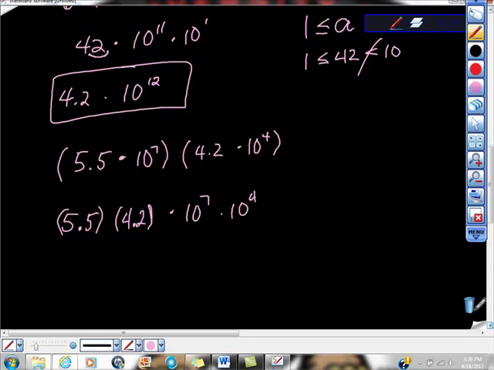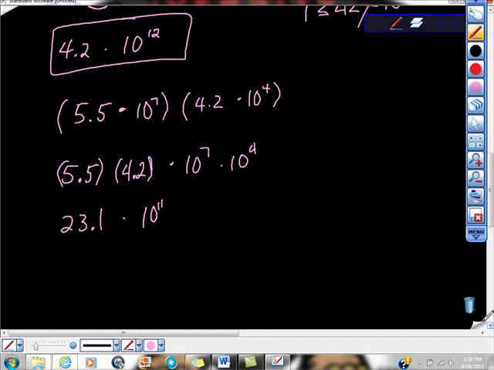Well, to make a long story short, 5.5 times 4.2 is 23.1. And 10 to the 7th times 10 to the 4th is 10 to the 11th, right? So 10 to the 11th. But look at this for a second. Can you see what's happening here? This is too big, isn't it?